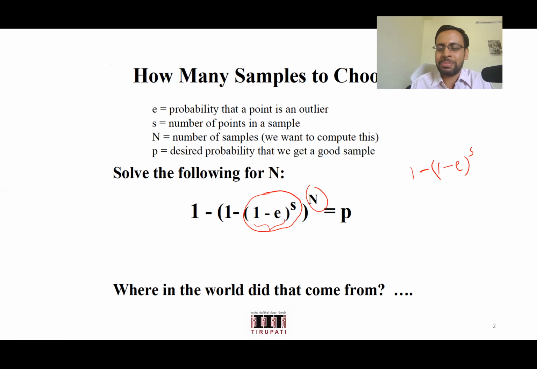1 minus of 1 minus E power S. It is the complement of the previous one. That is, we have at least one outlier in this. So for example, you are doing a homography transformation.